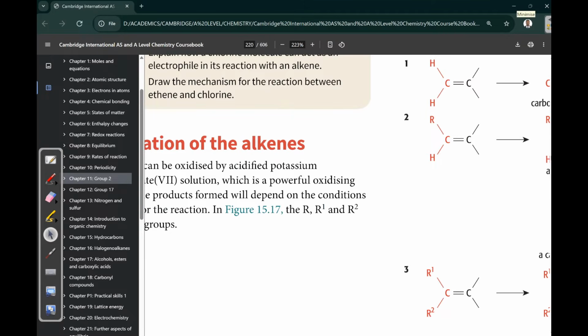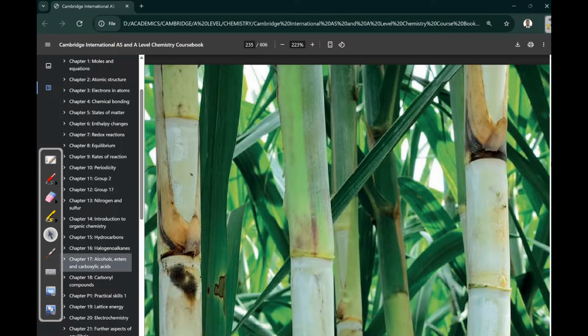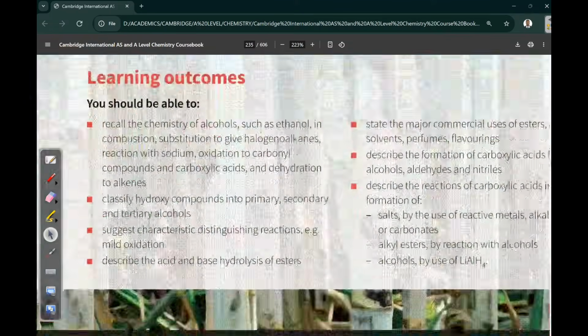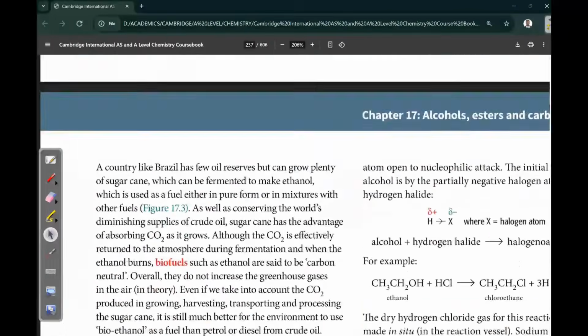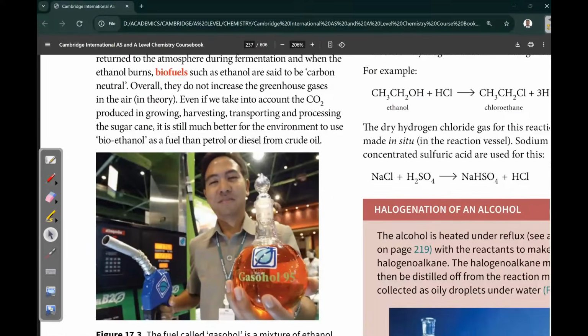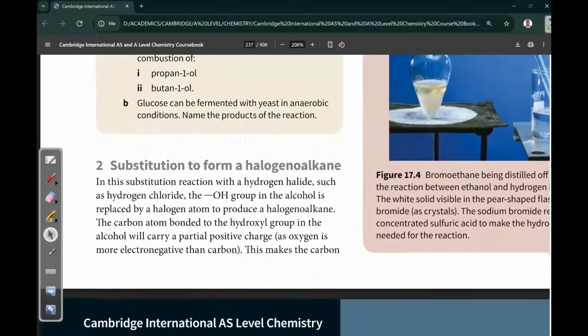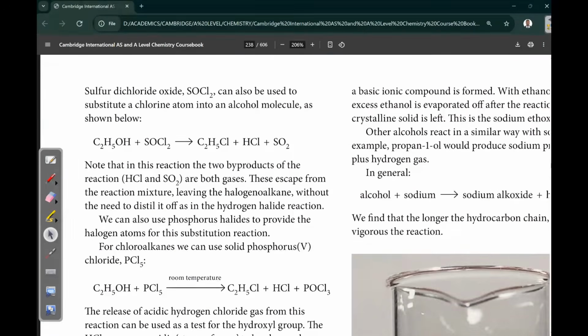If we go to alcohols, that is chapter 17 here. In alcohols, it's a substitution reaction when they react with PCl5, PCl3 and then thionyl chloride.